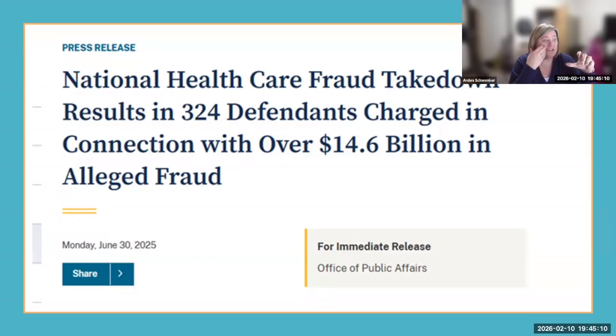In addition, there were civil charges against 20 defendants for an additional 14.2 million and civil settlements with 106 defendants totaling 34.3 million.